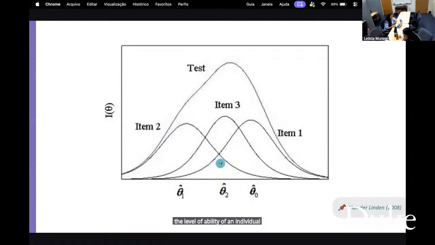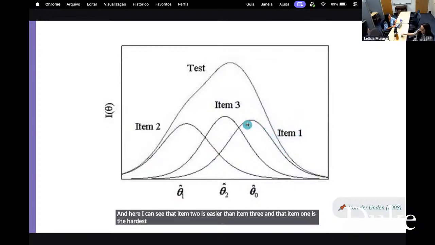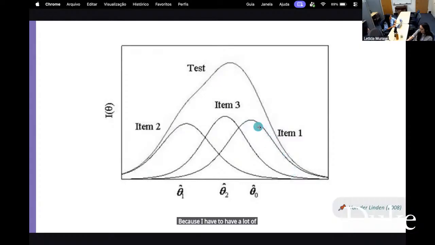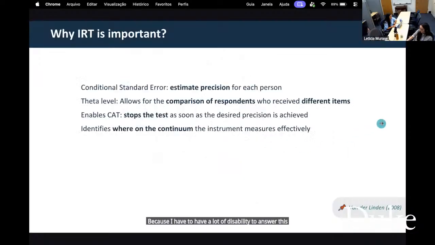And here I can see that item 2 is easier than item 3, and that item 1 is the hardest, because I have to have a lot of this ability to answer this item. Sorry, it's just because you are blocking.